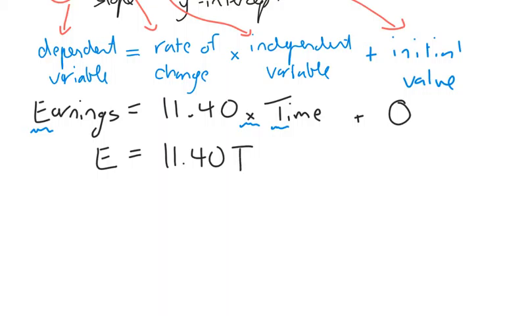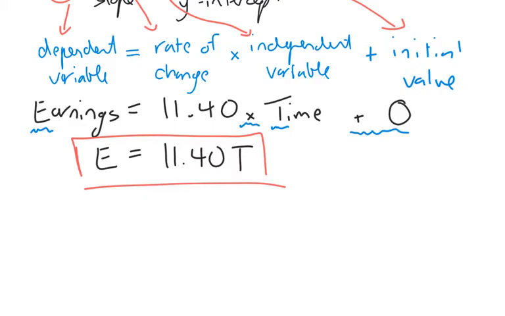Remember, when there's a number and variable beside each other without a sign, or operation I should say, the operation is multiplication, okay? And this 0, I am not going to bother myself with writing it in, okay? Therefore, your earnings at minimum wage can be described with this equation. E equals 1140t.